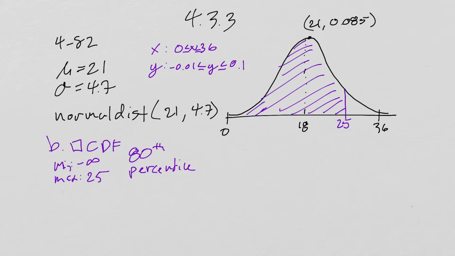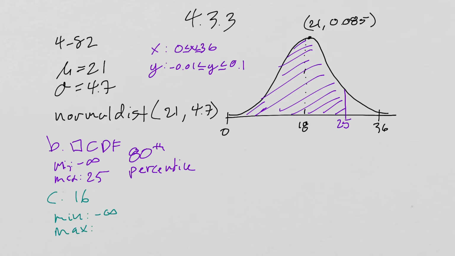Part C, it says, since 80% of test takers have scored below Adele, you can say Adele scored in the 80th percentile. Remy scores a 16 on the ACT. What is Remy's percentile? Remy scored a 16. So our minimum, again, is going to be negative infinity.